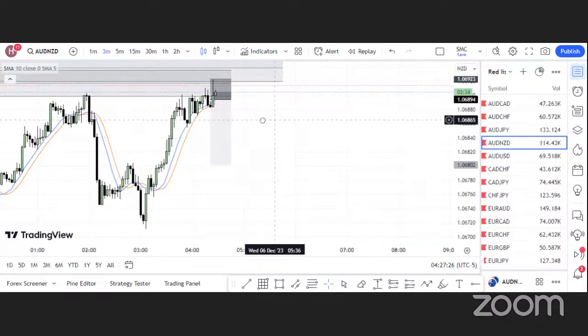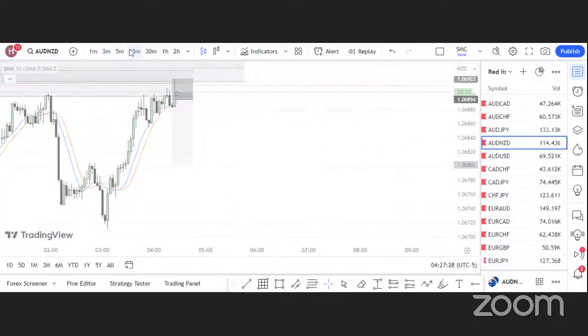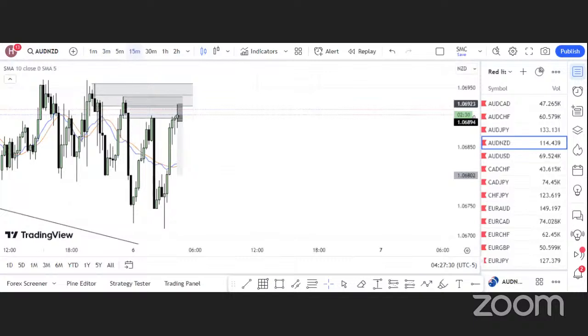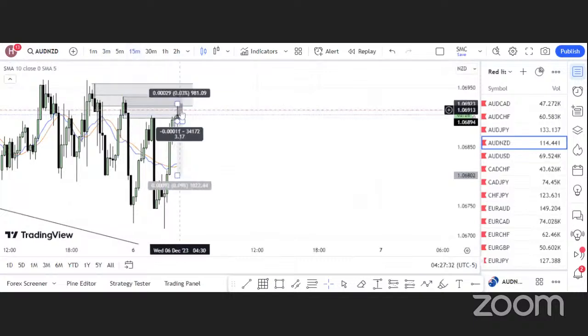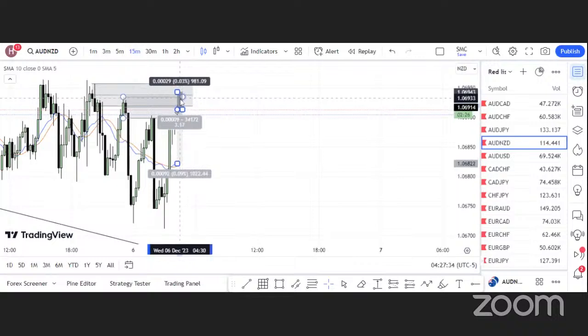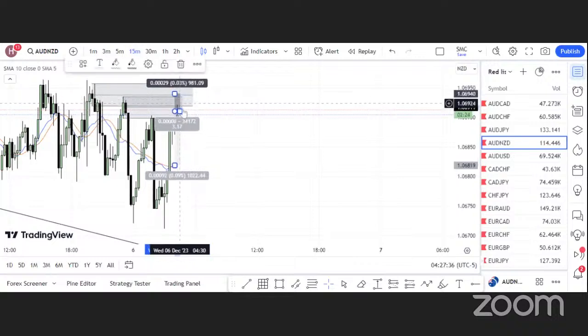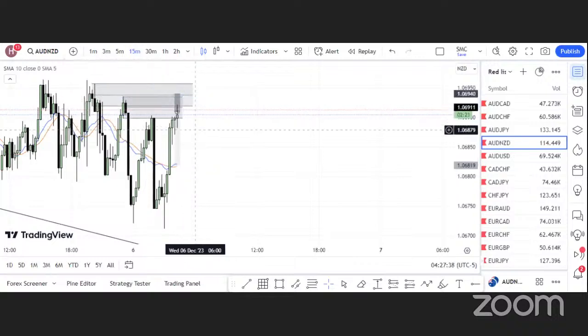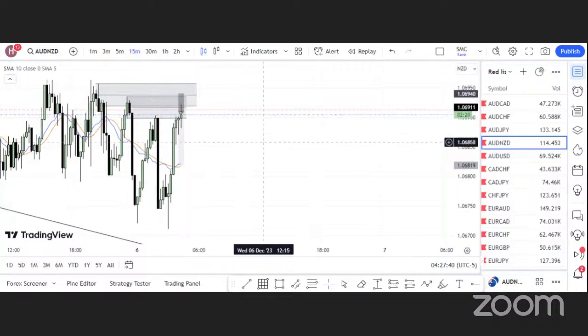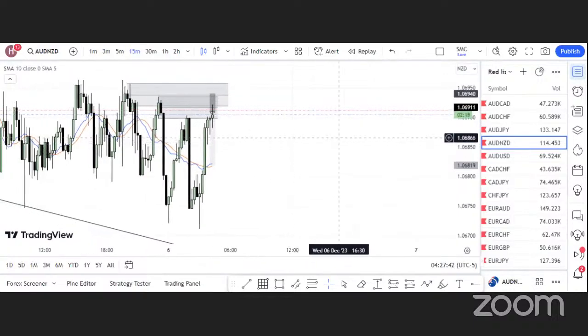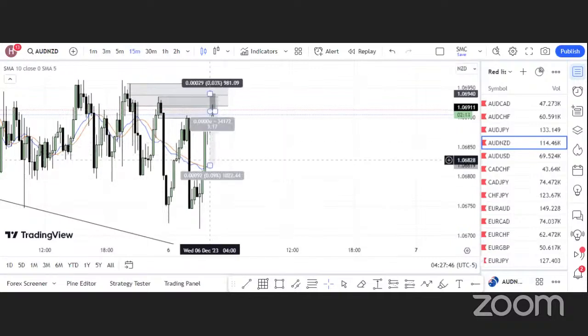Okay. So let's go back to the higher time frame. So I think the market is currently respecting this zone. The 15 minute remains just 2 minutes and 16 seconds to close.